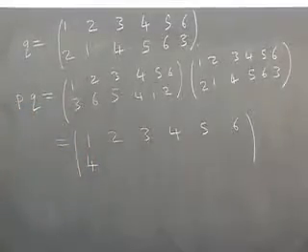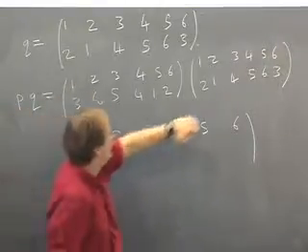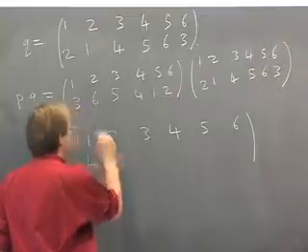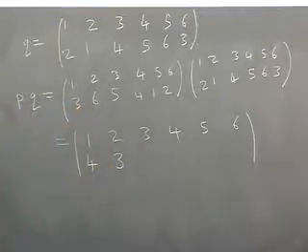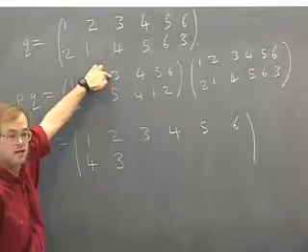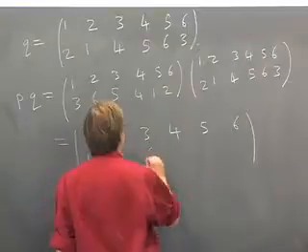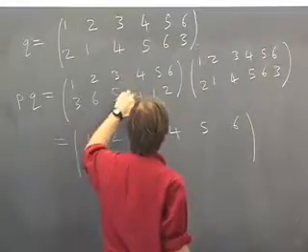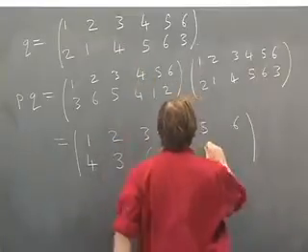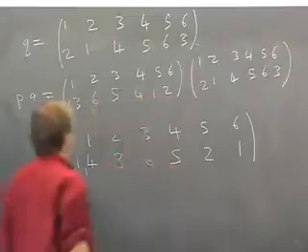So it's 1, 4. Similarly, 2 under P goes to 6, and then under Q, 6 goes on to 3. So I would write a 3 here. Does somebody want to tell me what I write underneath 3? 6. Thank you. 6. And 4 goes to 4, goes to 5. 5 goes to 1, goes to 2. 6 goes to 2, goes to 1. I haven't made a mistake.